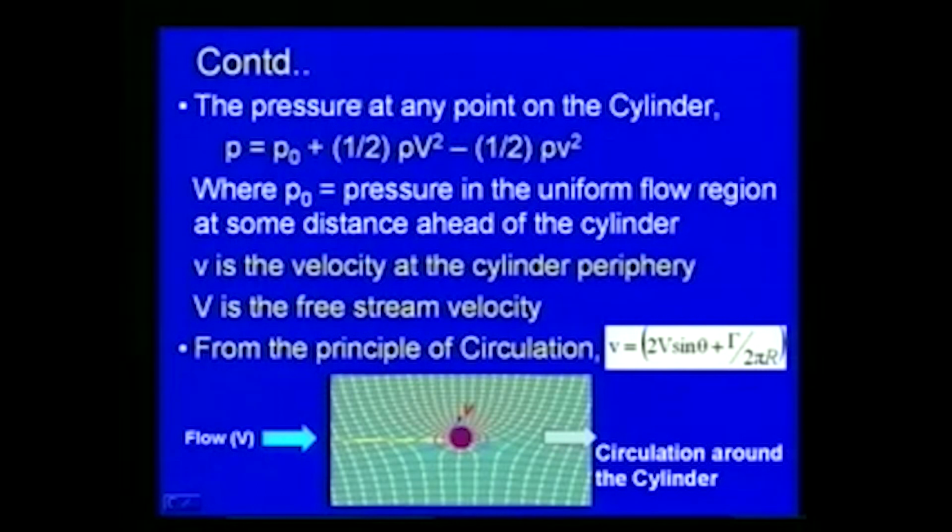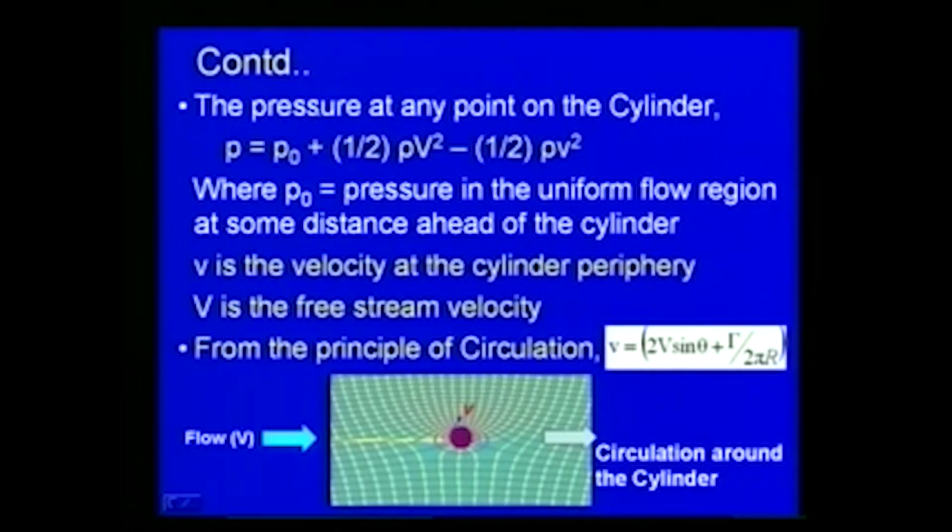The pressure at any point on the cylinder we can derive as P is equal to P0 plus half rho V square minus half rho small v square, where P0 is the pressure in the uniform flow region at some distance ahead of the cylinder, small v is the velocity at the cylinder periphery, and capital V is the free stream velocity.